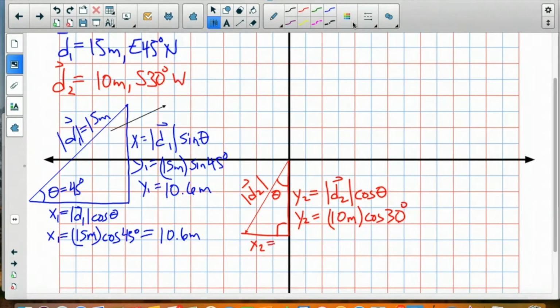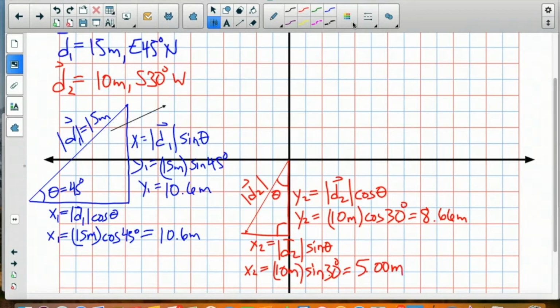And then x2, in this case, is going to be the length of D2 times the sine of theta, which gives us x2 equals 10 meters multiplied by the sine of 30 degrees. And we just plug that in, we get 10 times cos of 30, say 8.66 meters. And here we get 5.00 meters, taking 3 sig figs.